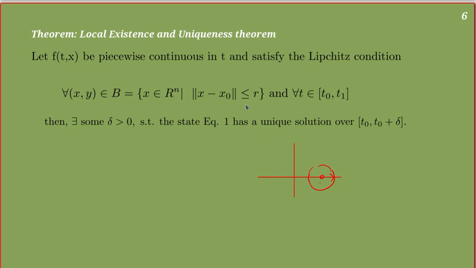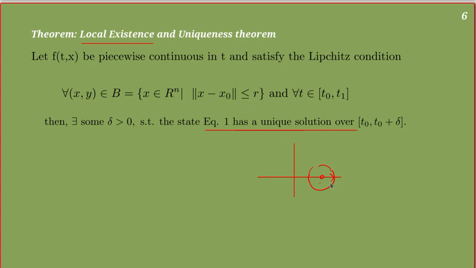This is because we are going to speak only about the local existence of solutions. If this Lipschitz condition is satisfied, we can say that equation 1 has a unique solution. Okay, so this is a theorem on local existence and uniqueness.